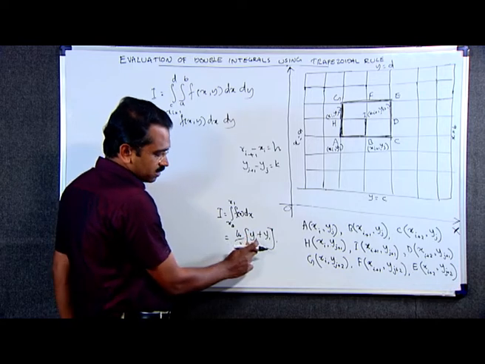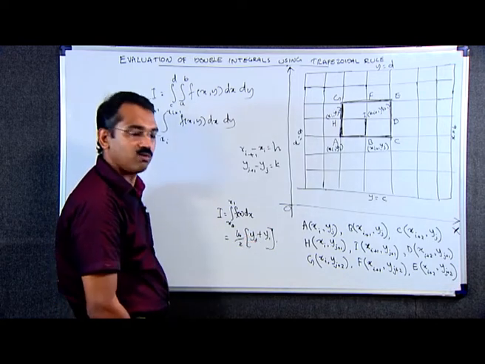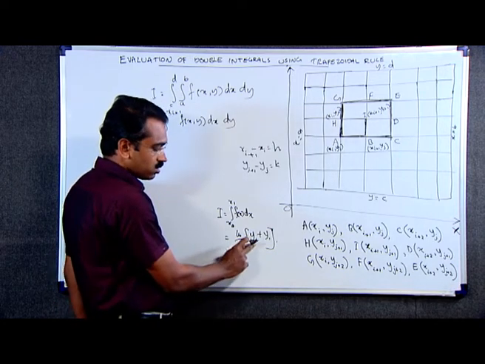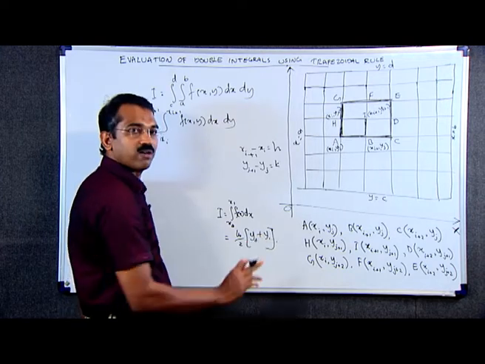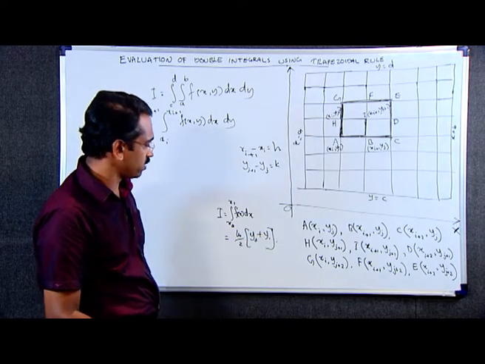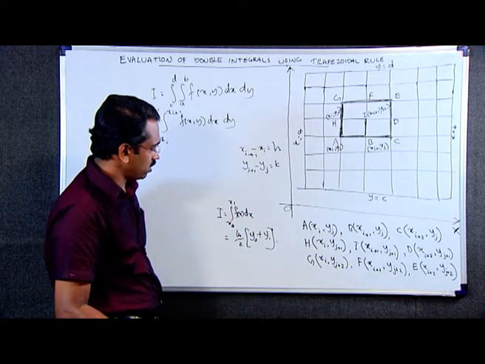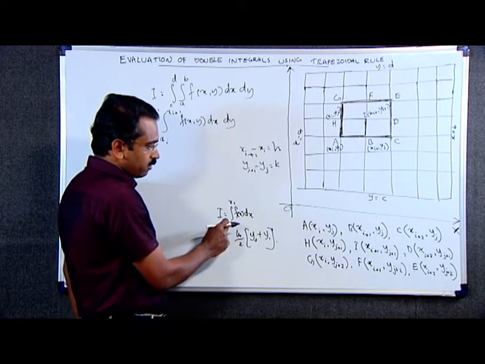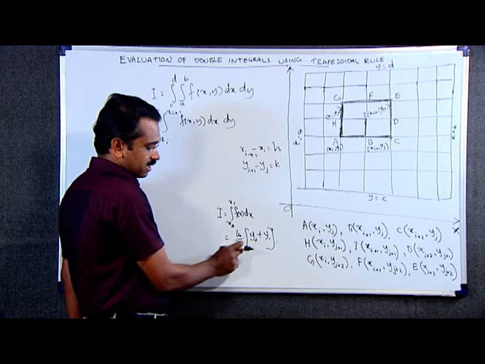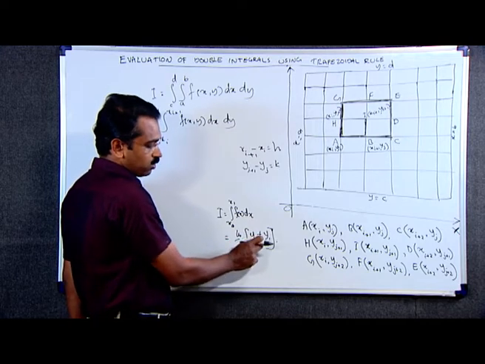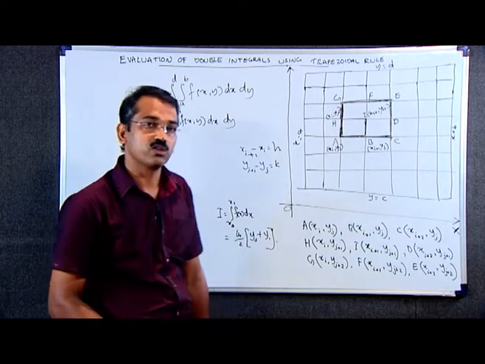Here y0 is the value of the function y equal to f of x at x0 and y1 is the value of the function at the point x1. Then the integral from x0 to x1 of f of x dx is h by 2 into y0 plus y1, where h is the width of the interval.